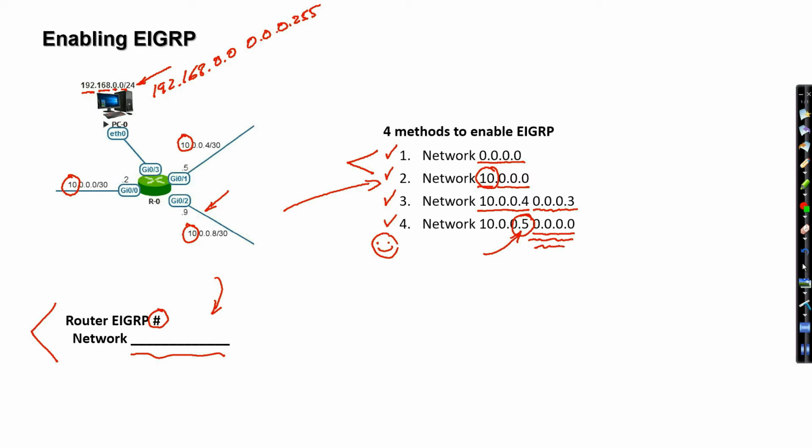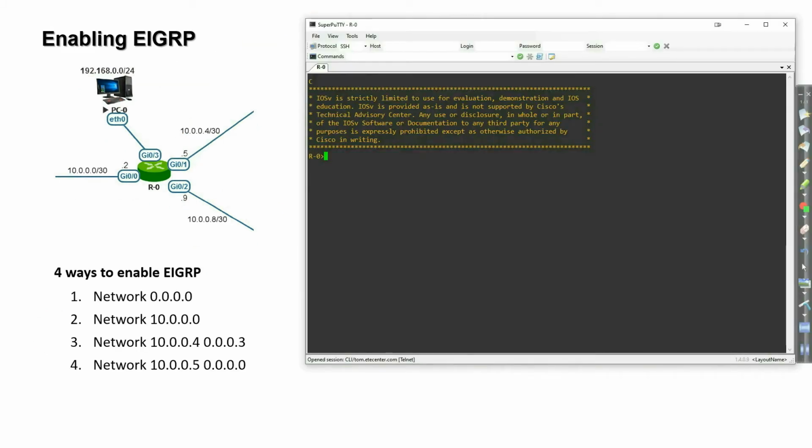Enough talking. Let's go enable EIGRP on router 0 using these 4 methods. I have console into router 0, so first let's remove all current EIGRP configuration by no router eigrp 10.